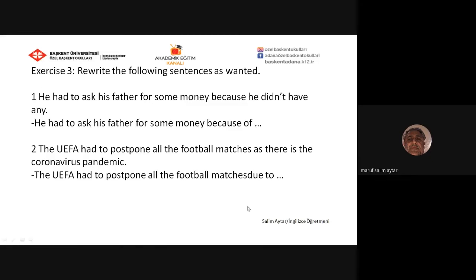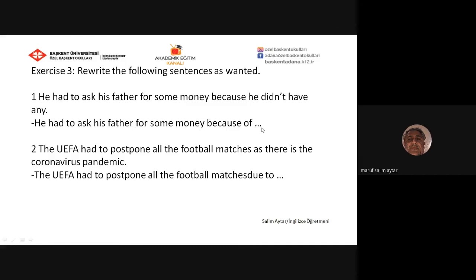Now we are going to rewrite this sentence. We are going to make it into a noun after because of. How can we do this? He had to ask his father for some money because of. So we will have to make it a noun. So can you see not here? So we put not here. And the main verb here is have.